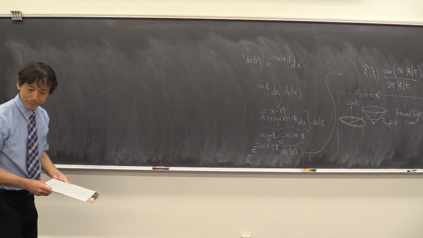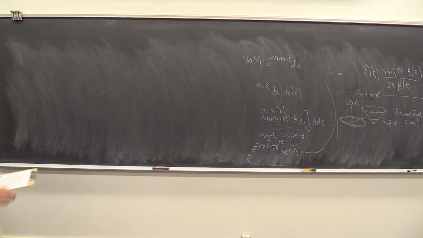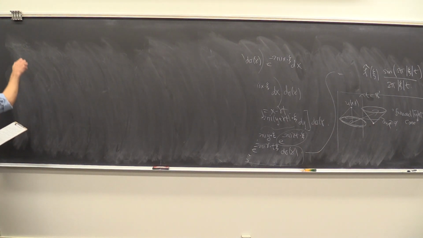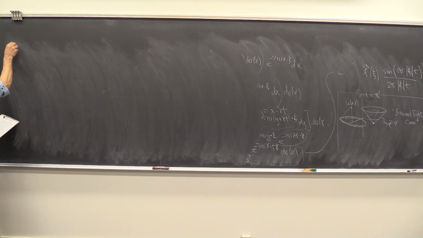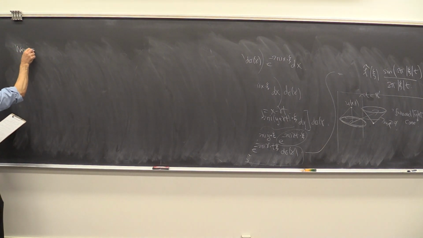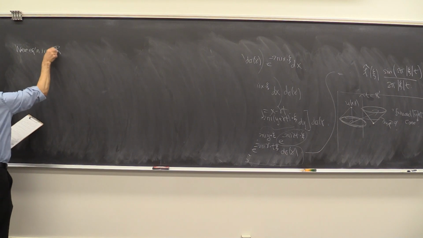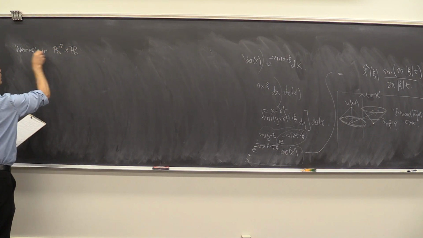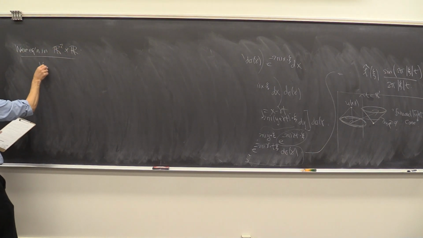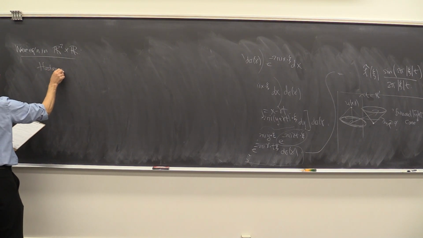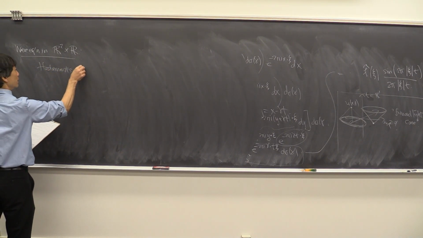Okay, so the 2-dimensional case is actually kind of interesting. So the wave equation in R2 cross R. This is the so-called Hadamard's method of descent.